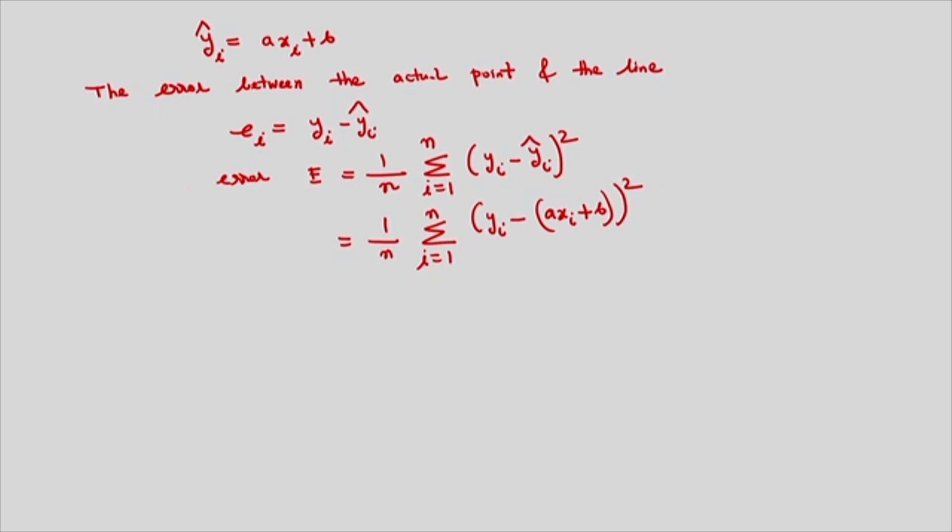Now, the objective is to find the slope A and the intercept B which gives minimum error E. That is the objective of the linear regression.